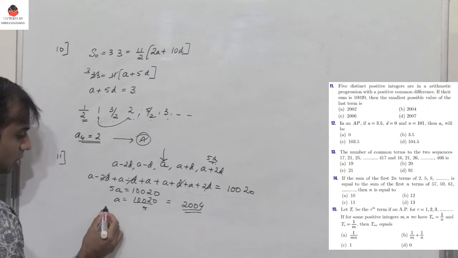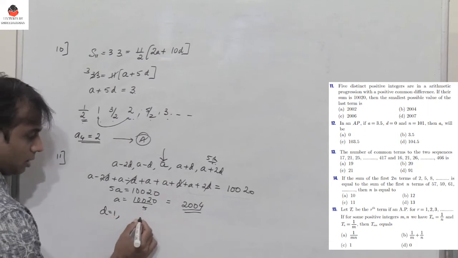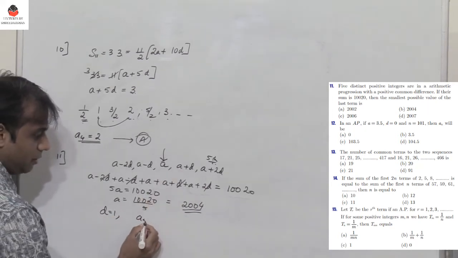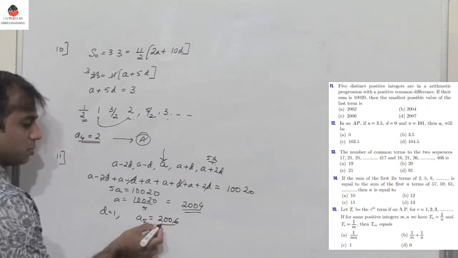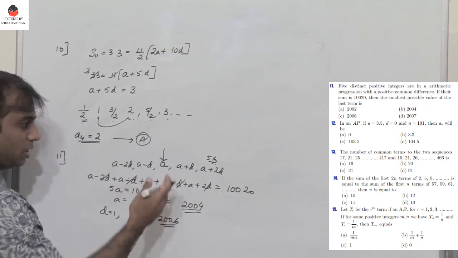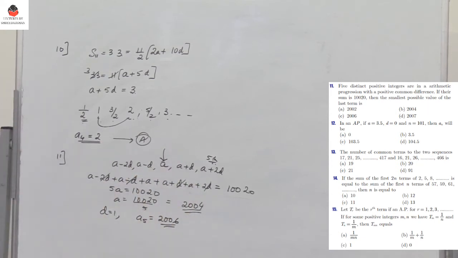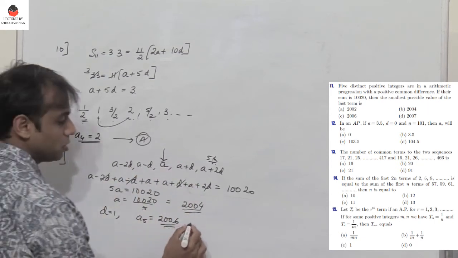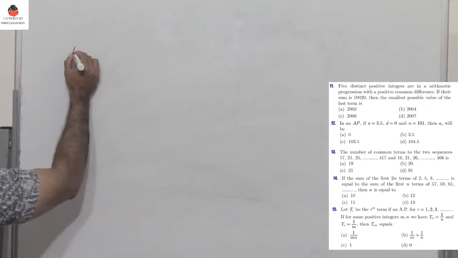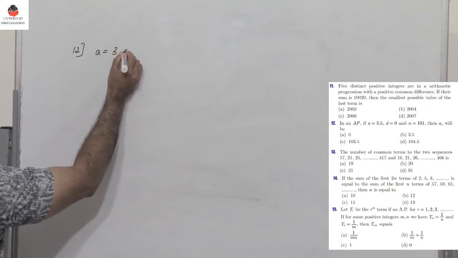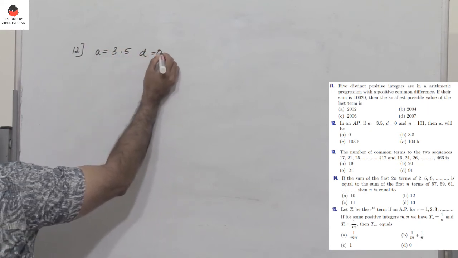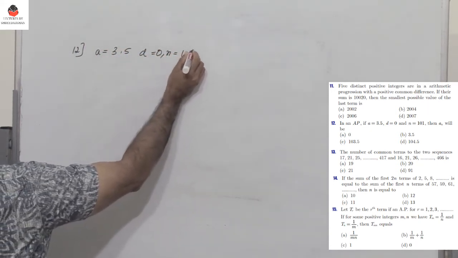So if d is equal to 1, then the fifth term, a5, will be 2006. Right? So this is the smallest possible value of the last term, which is going to be 2006, and this corresponds to option C.